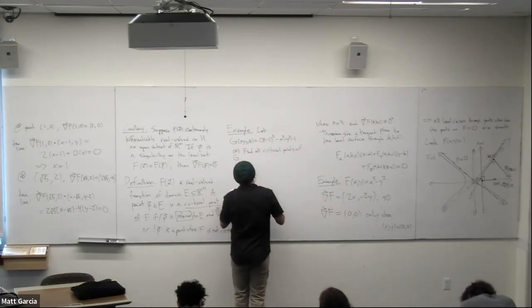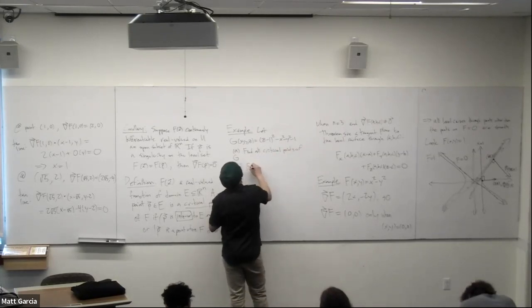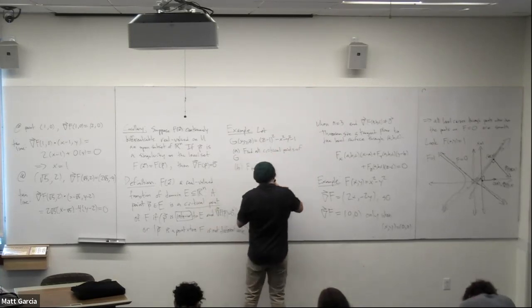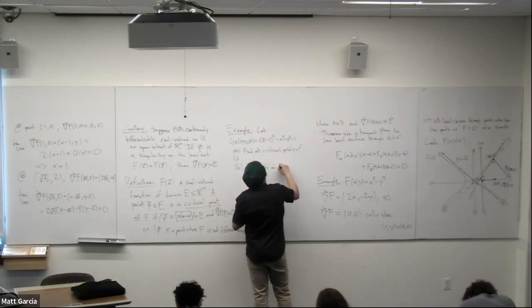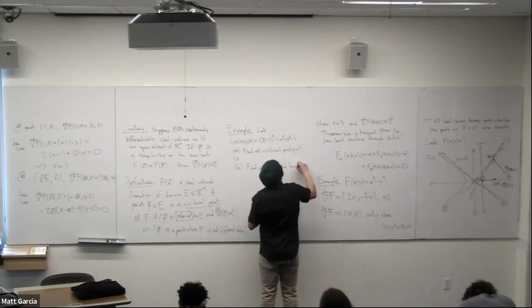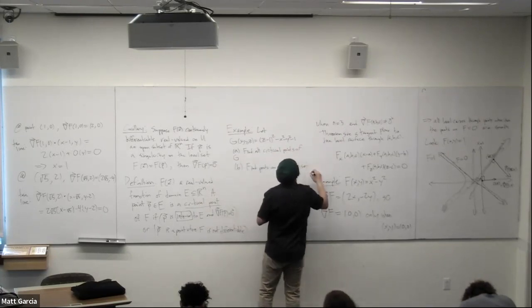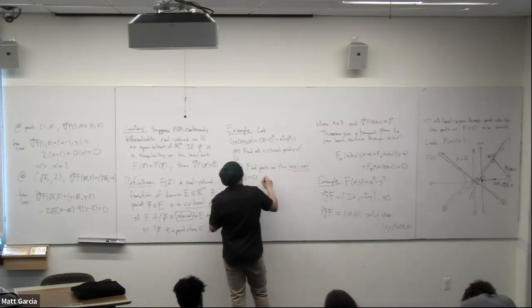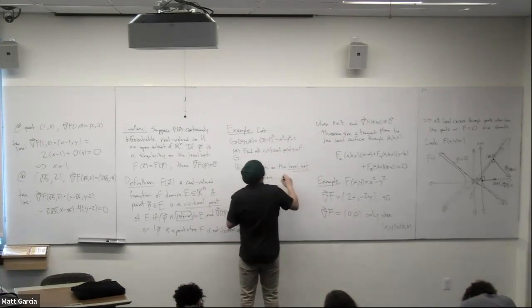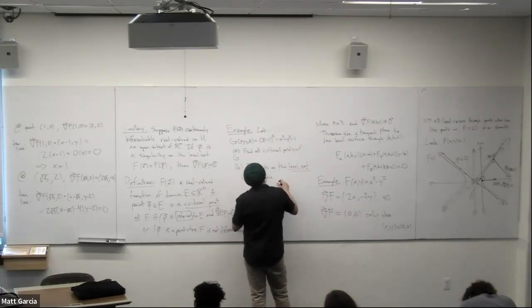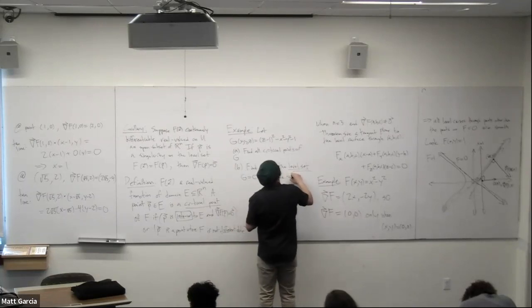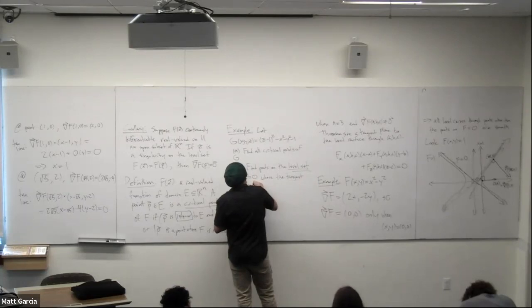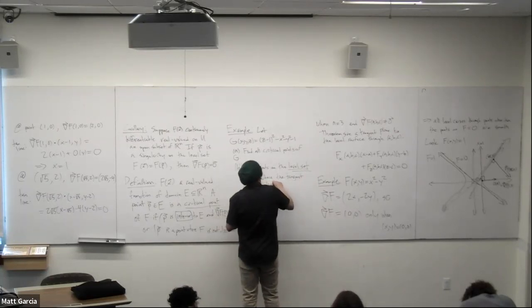Secondly, find points on the level set g equals 0 where the tangent plane is horizontal.